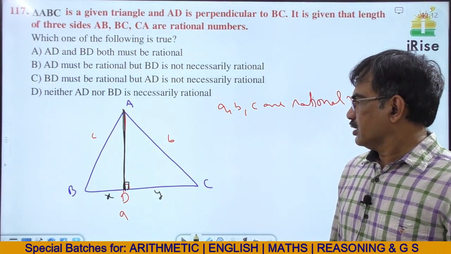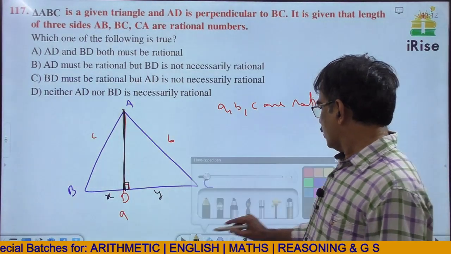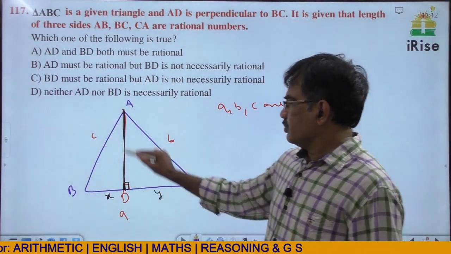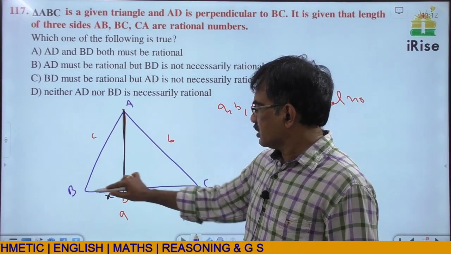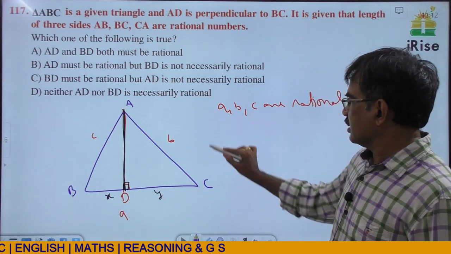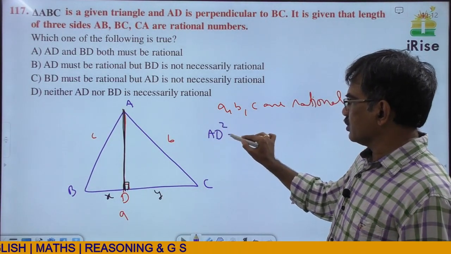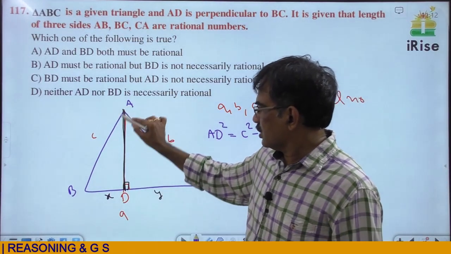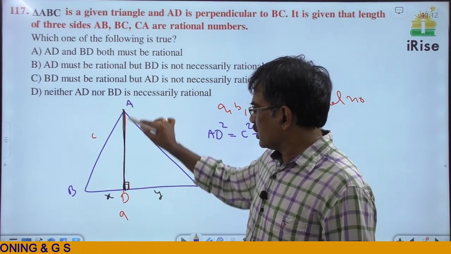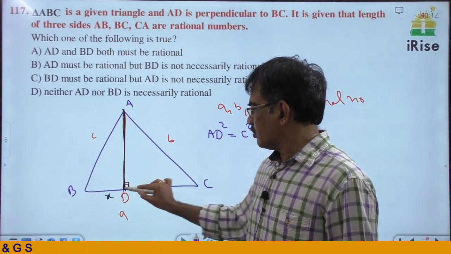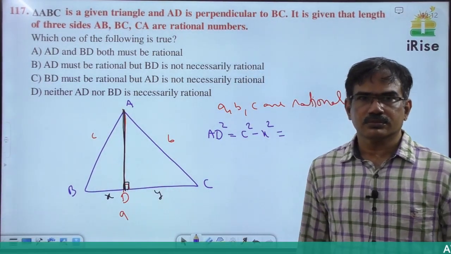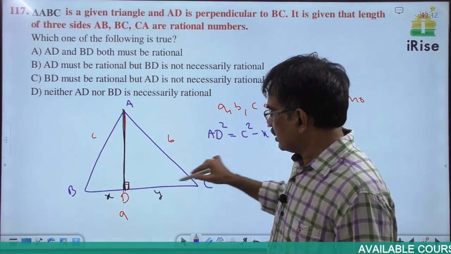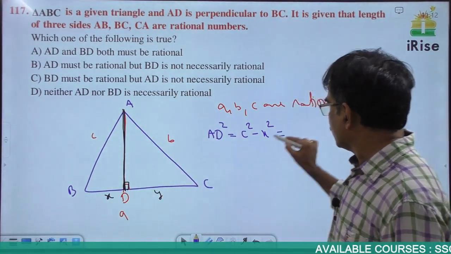Here, I want to solve this question like this. a, b, c are rational, and this is a right angle triangle. In this right angle triangle, AD square is equal to c square minus X square, hypotenuse square minus side square. Similarly, in this right angle triangle, AD square is b square minus Y square.